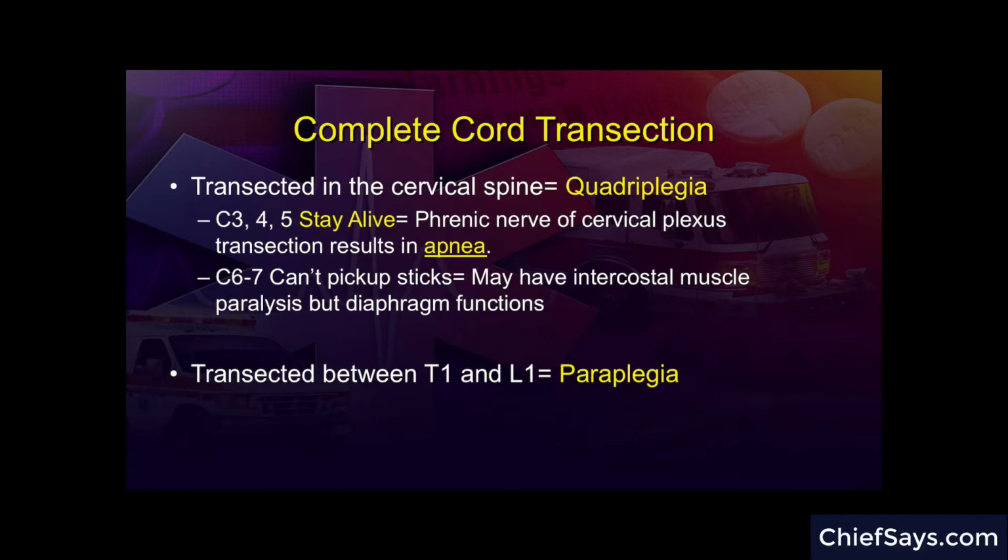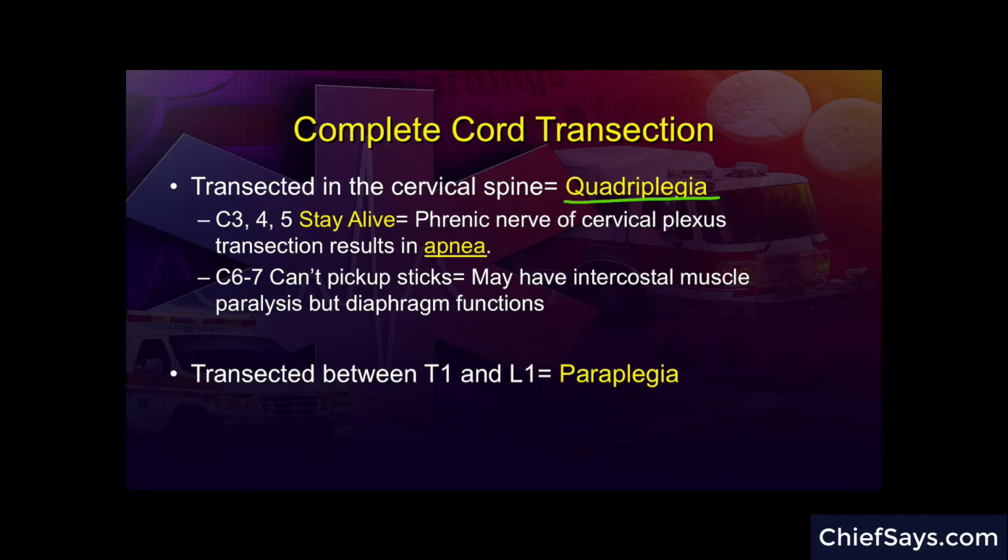So generally, if the person has a complete cord transection that occurs anywhere in the cervical spine, it will result in quadriplegia. And this is mostly because all of the branching of communication for the extremities occurs below the level of the cervical spine. However, there are branches off of our spinal cord that create spinal nerves branching off and communicating with the rest of the body that start at the very base of the skull.